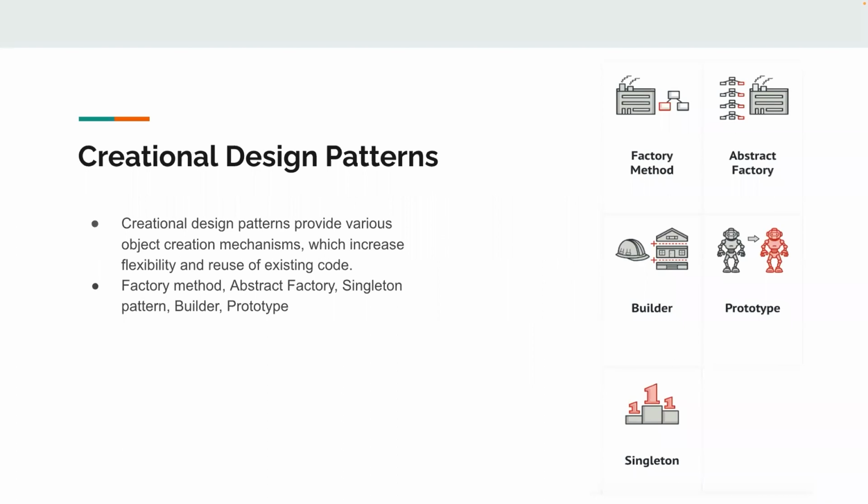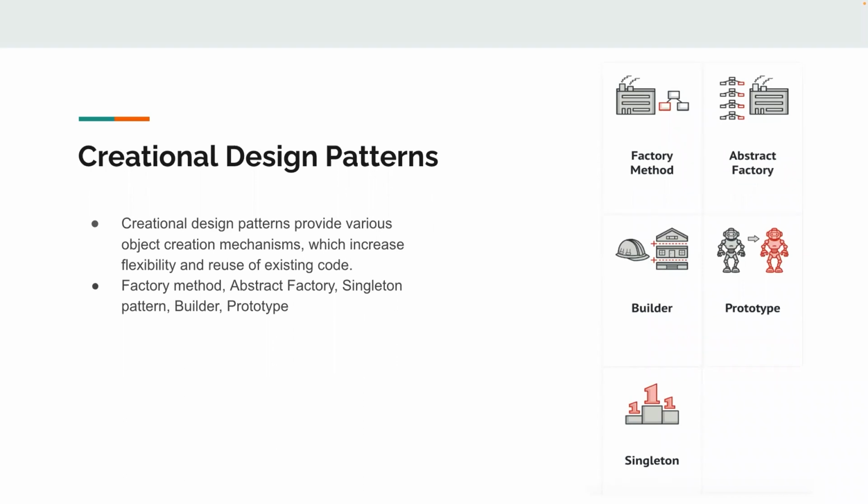So design patterns are majorly of three types. They are classified based on their complexity, level of detail, and scale of applicability. There are three types, namely creational patterns, structural patterns, and behavioral patterns. I'll start with creational patterns. Creational patterns provide various object creation mechanisms which increase the flexibility and reuse of existing code.